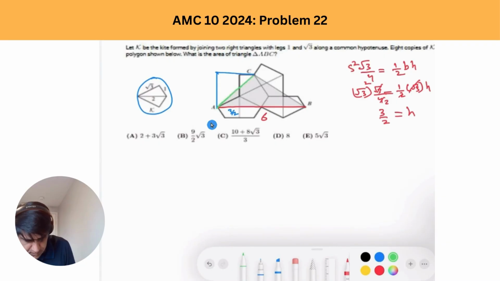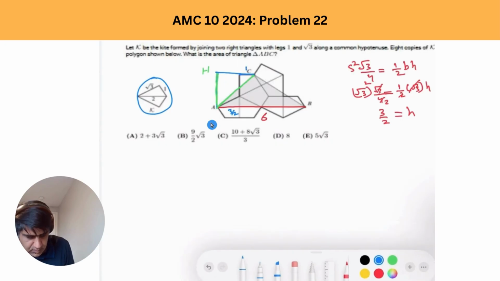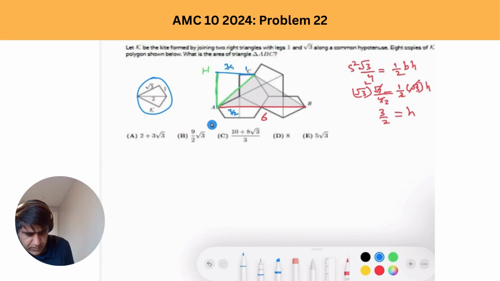Okay, let's call it H, and this point we have is C. What we know already is that from here to here it is 1. This we already calculated, this is 3 over 2. And now we need to know what the length of this diagonal is, right?